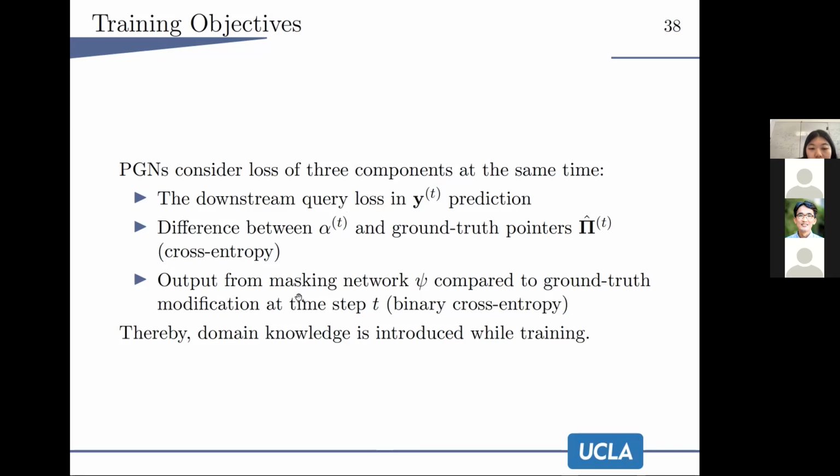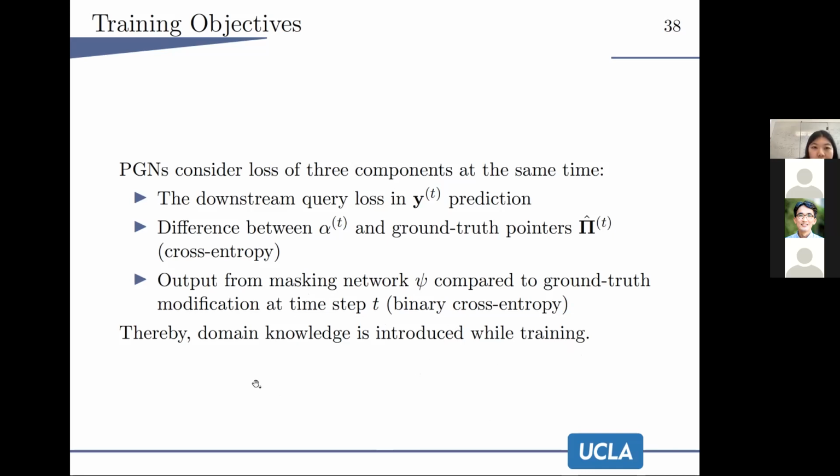And the output from the mask network, which is the sparsity mask, we also compare to the ground truth modification at time t. Though being sparse, we already know who is going to be updated at the next time step, so given this information, we supervise the learning of the masking network as well.